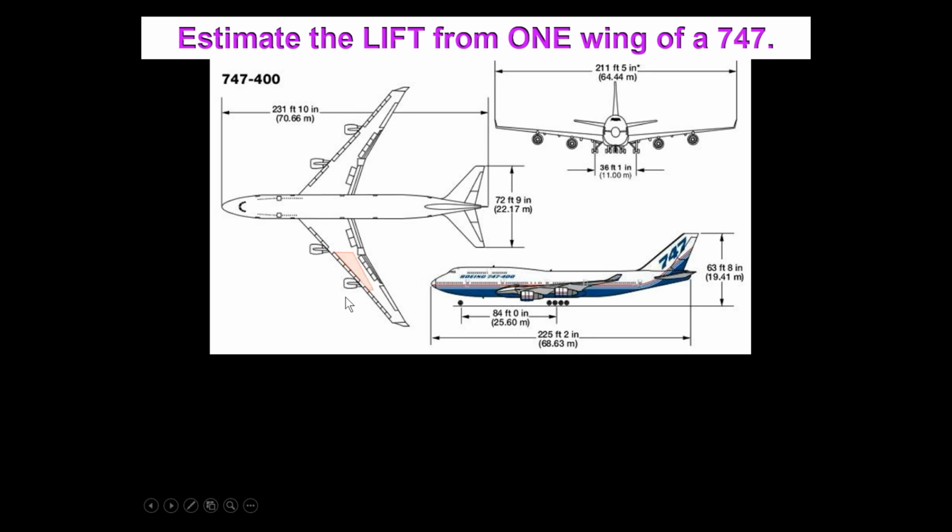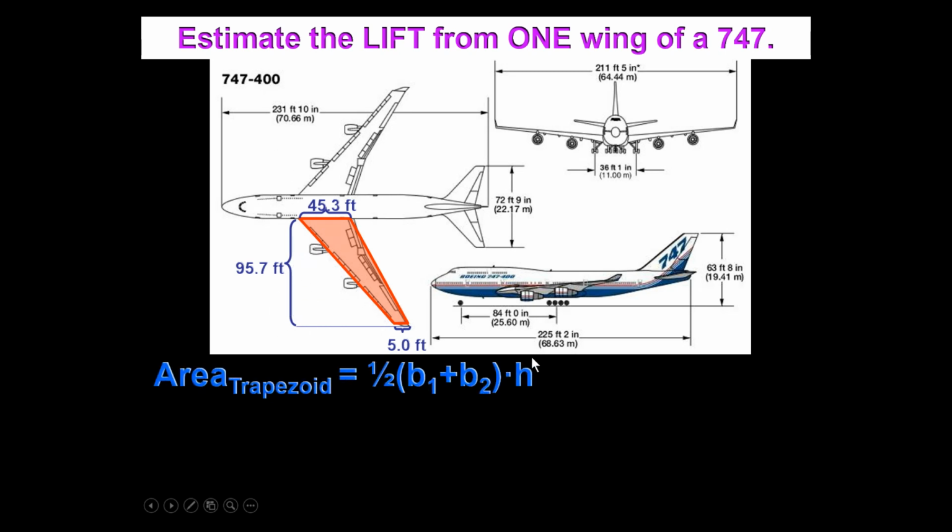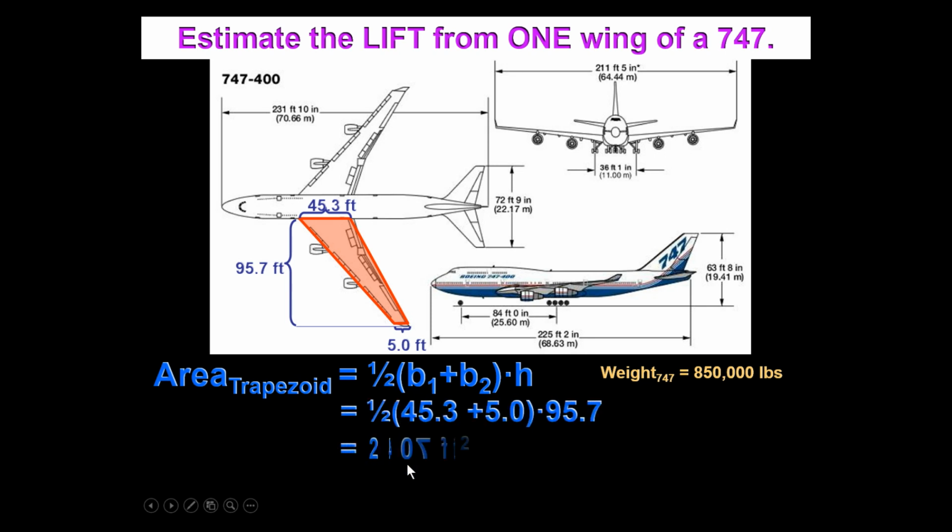like this airplane wing here, it's a shape of a trapezoid. And these are the dimensions given by Boeing. It's a trapezoid, so average of the bases times the height. This is the weight of the airplane, and we plug in the dimensions given there, and we find that it's about 2,407 square feet, but there's 144 square inches in a square foot, so we get this many square inches.